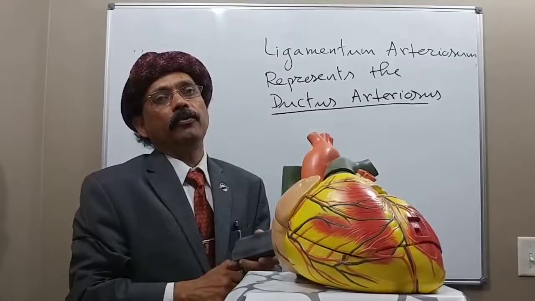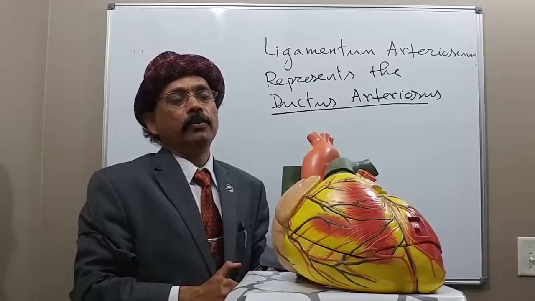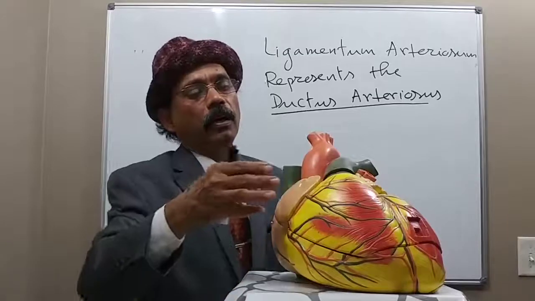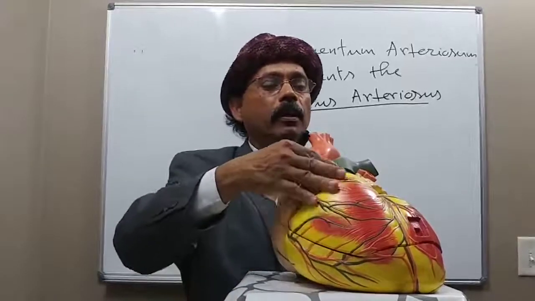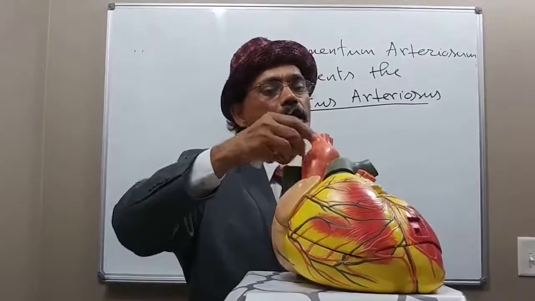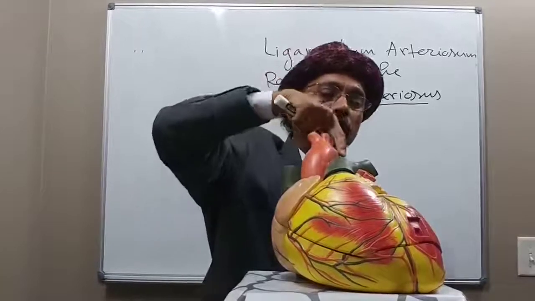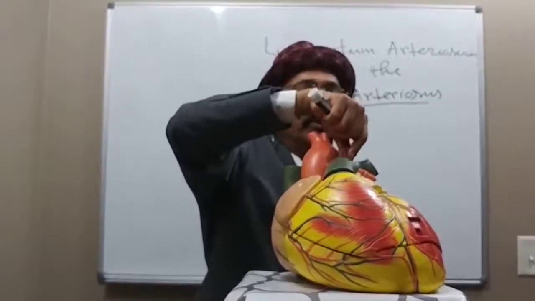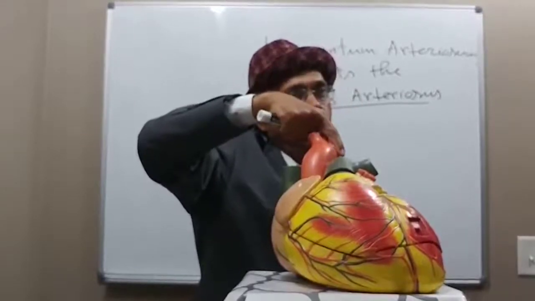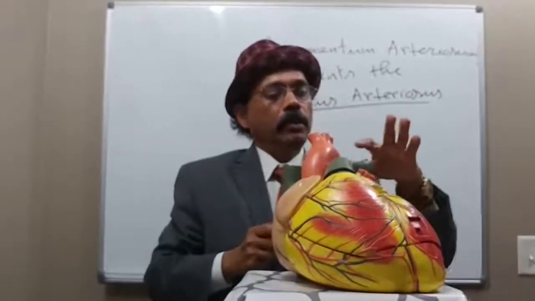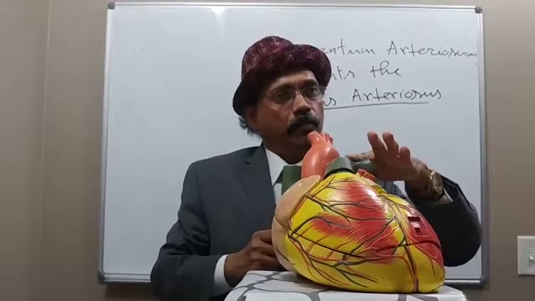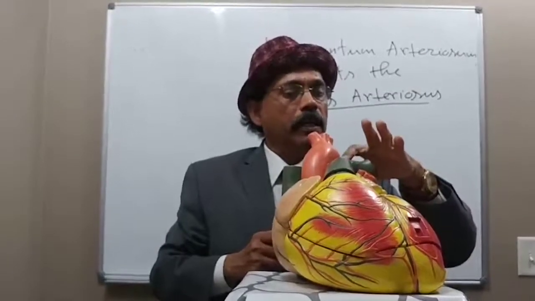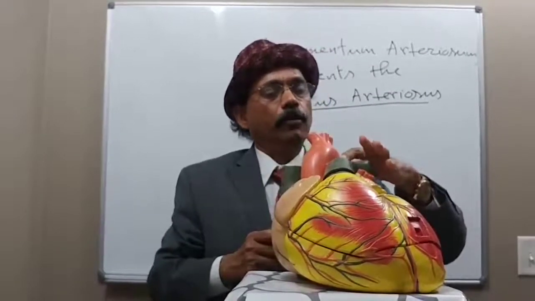The idea is that lungs don't need much blood, so most of the blood coming to the right ventricle bypasses the lung and goes to the systemic circulation through the connection from the left pulmonary artery near the bifurcation to the arch of the aorta.